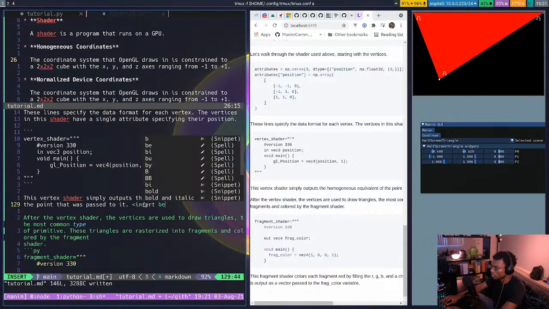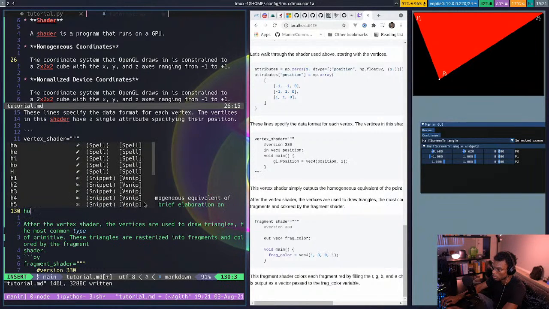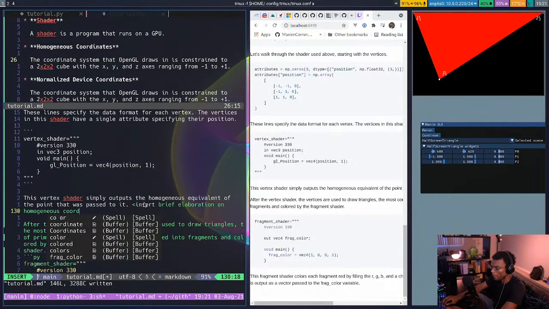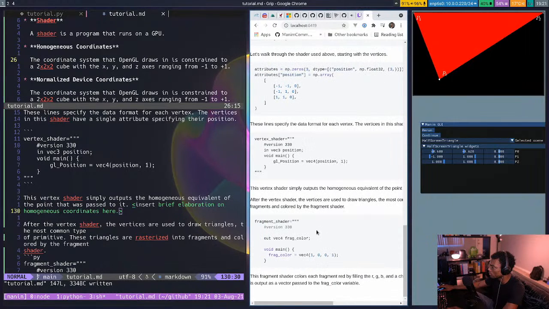Insert brief elaboration on homogeneous coordinates. I guess that just doesn't appear in Markdown. I didn't know that. Okay.